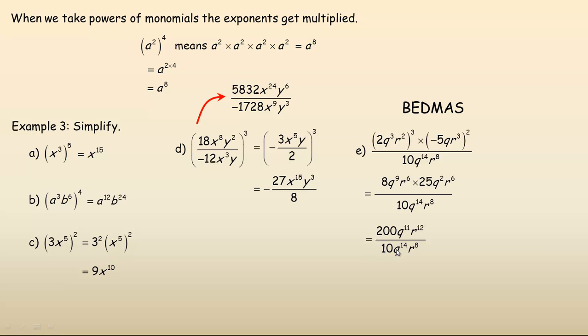Of course, that goes in 20 times. And notice that the larger power of q is in the denominator. Actually, I'll put the answer up here. Because the larger power of q is in the denominator, go 14 minus 11, and the q cubed stays in the bottom. And the larger power of r is in the top, so 12 minus 8 would be 4 in the numerator. So 20 r to the 4th over q cubed would be the final answer.